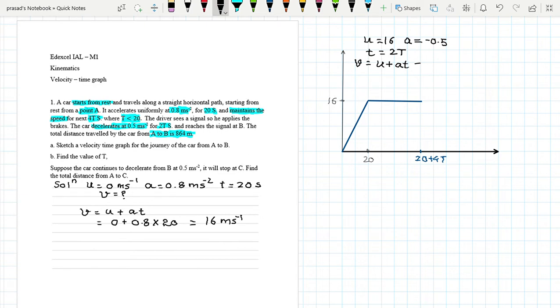So 16 minus 0.5 into 2t, which is 16 minus t.